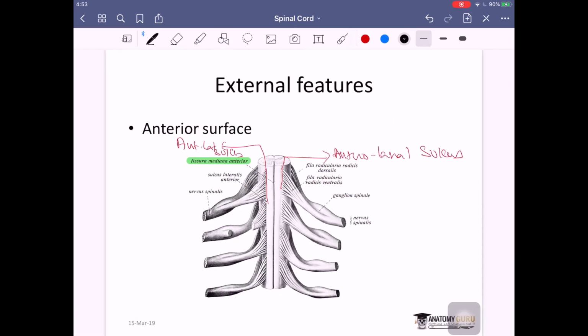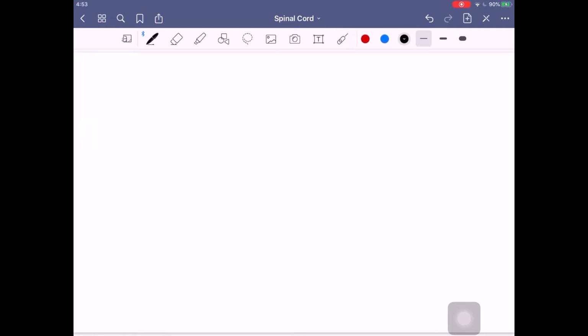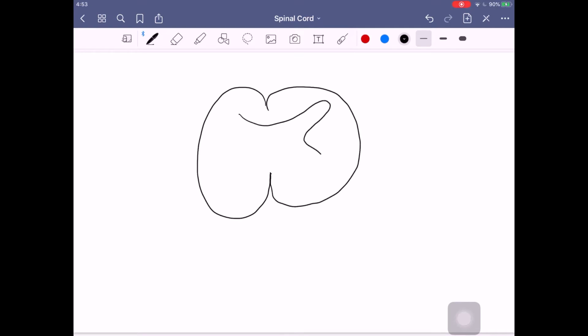Okay, let us try to draw the same thing. Let me draw one figure for you. This is not straight, but anyways I'll be able to show you. This is anterior, this is posterior.